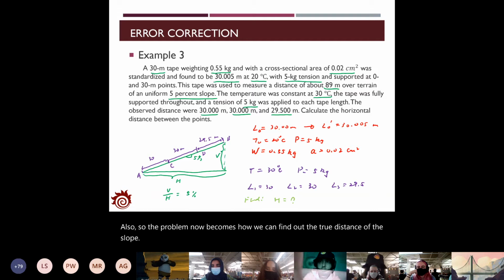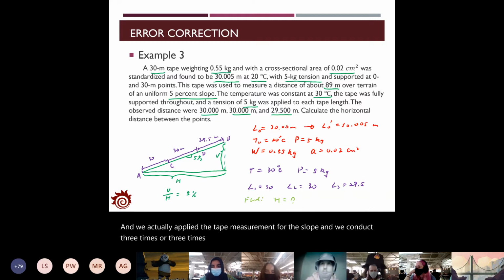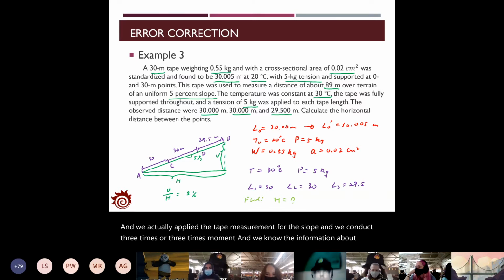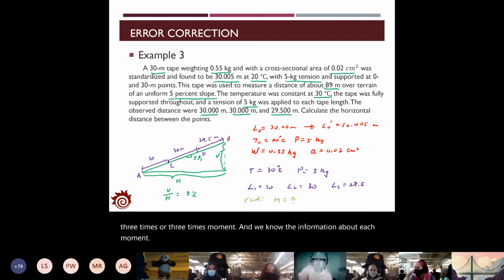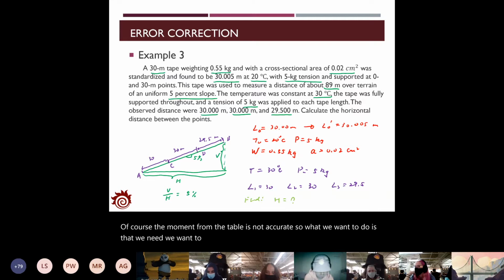We applied the tape measurement for the slope, and we conducted three measurements, and we know the information about each measurement. Of course, the measurement from the tape is not accurate. So what we want to do is find out some corrections for this tape measurement.